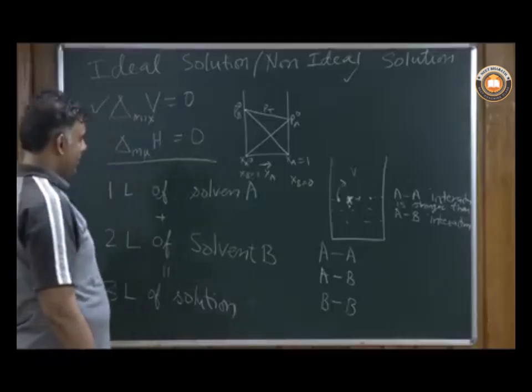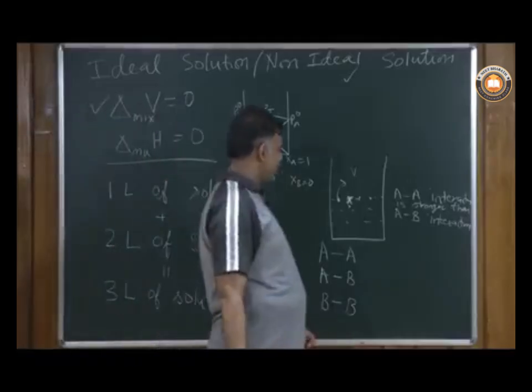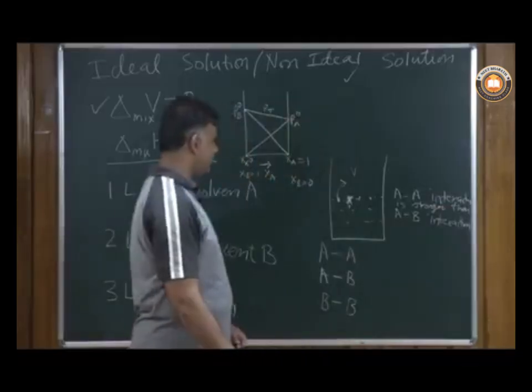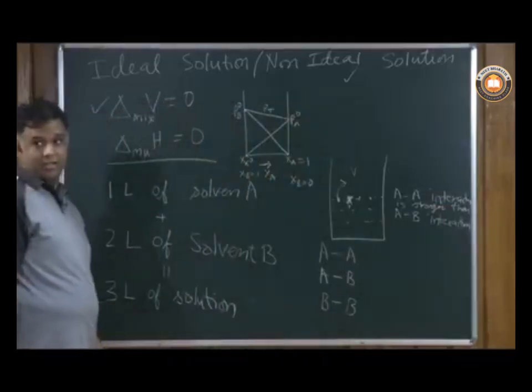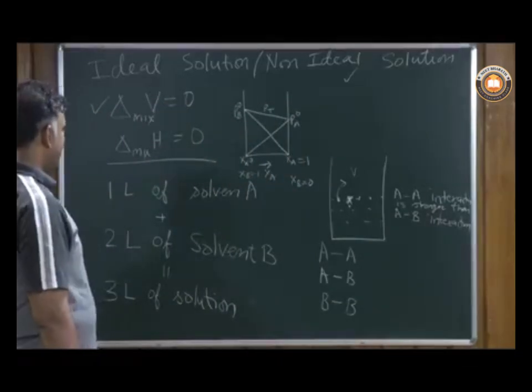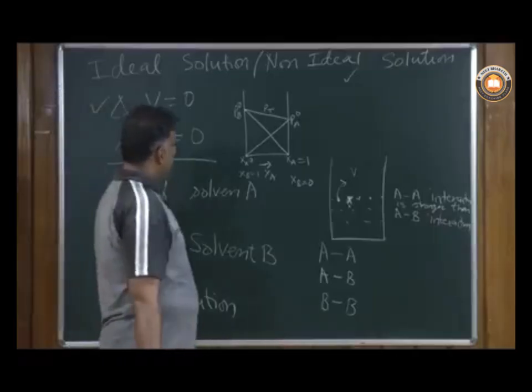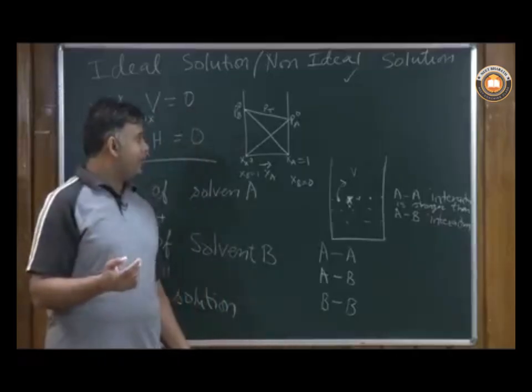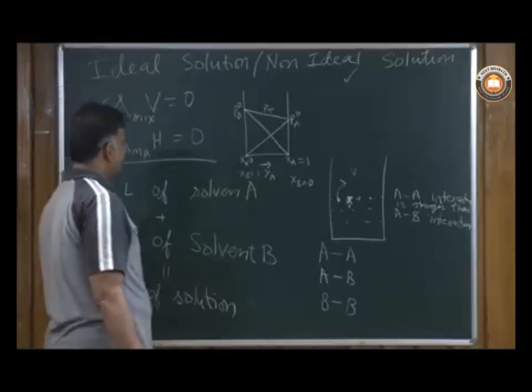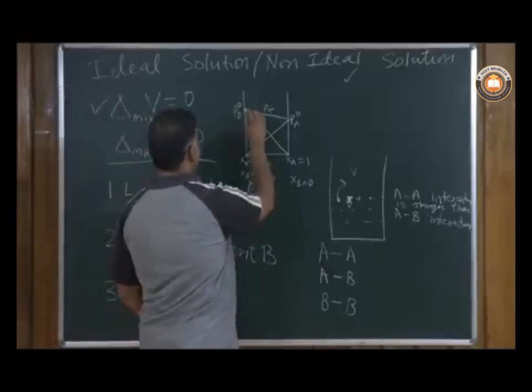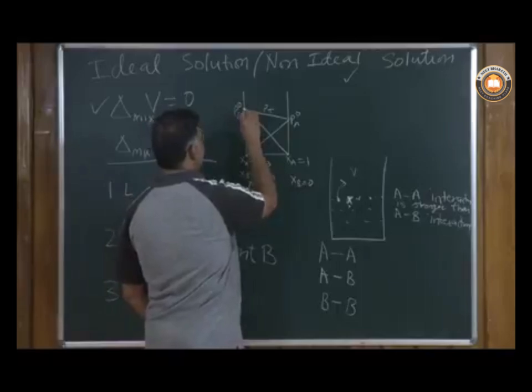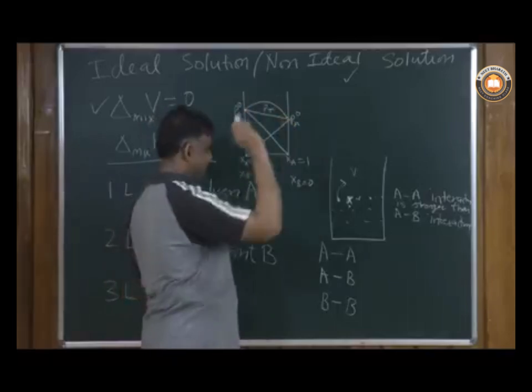But now, A A interaction is stronger than A B interaction, and the B molecule has interrupted this stronger interaction and replaced it with a weaker interaction. Now, this A can go into the vapor phase easily, and that is why the total pressure or individual vapor pressure increases. So, now we have what is called positive deviation.